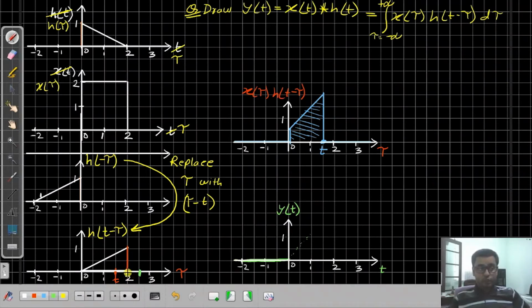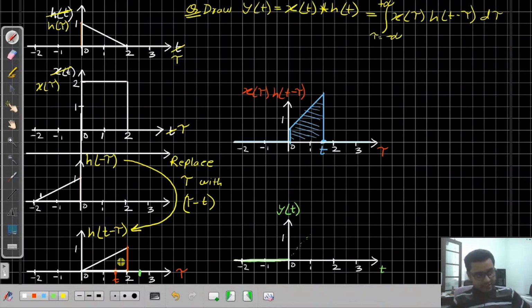How much will that value be? Let us multiply this with this and calculate the area. Now this is a constant, so I can calculate this area and multiply that with 2. Now how much is this area?